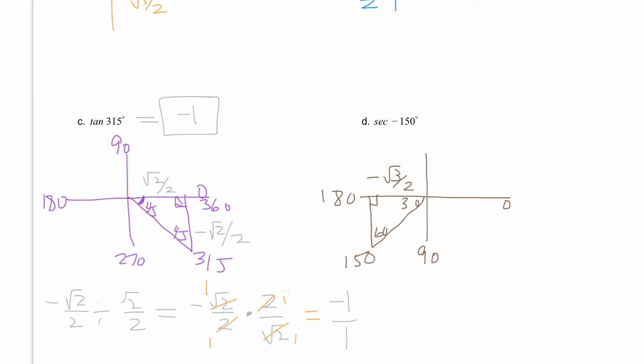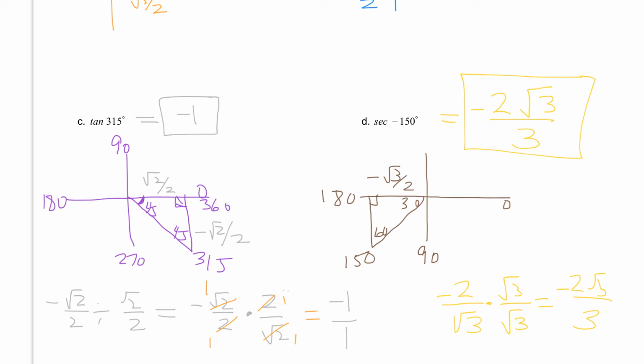The reciprocal of negative square root of 3 over 2 is going to be negative 2 over the square root of 3. Since I have that radical in the denominator, I'm going to rationalize this by multiplying by the square root of 3 over the square root of 3, giving me negative 2 square root of 3 over 3. And that's my secant of negative 150: negative 2 square root of 3 over 3.